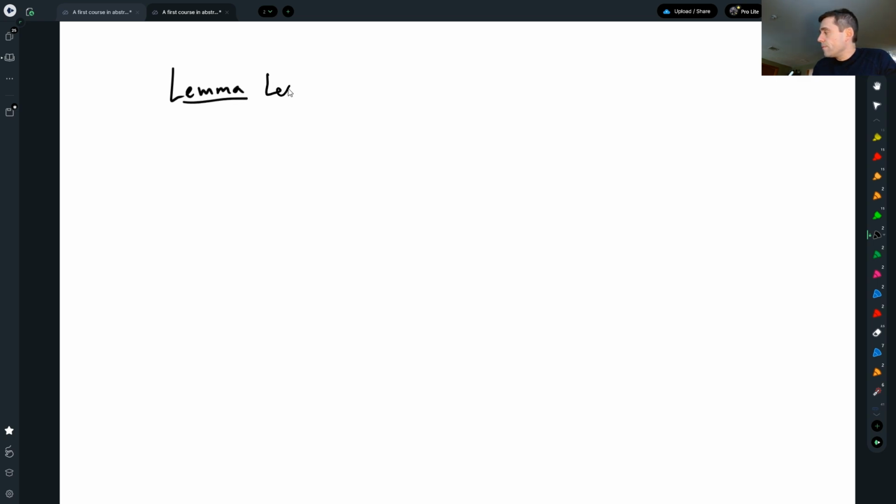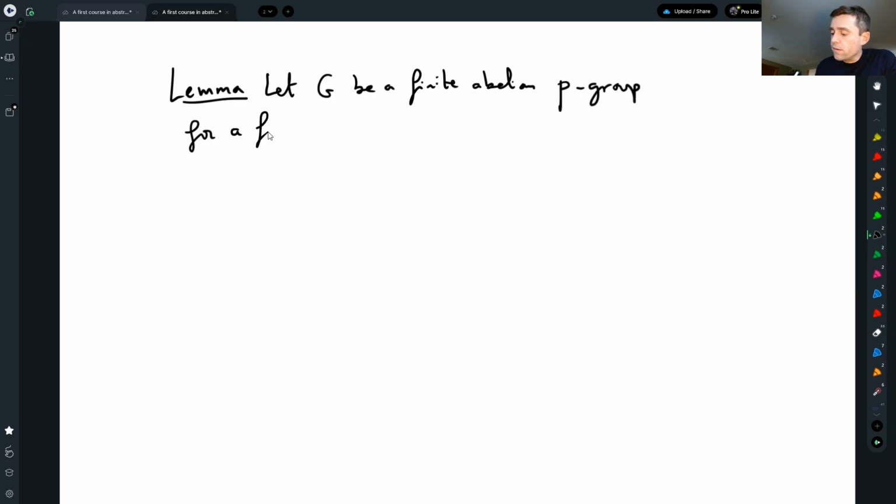Let G be a finite abelian P group for a prime P, for a fixed prime P. Remember that means that G is of order a power of P, or equivalently, we proved that it means that every element has a P power order.